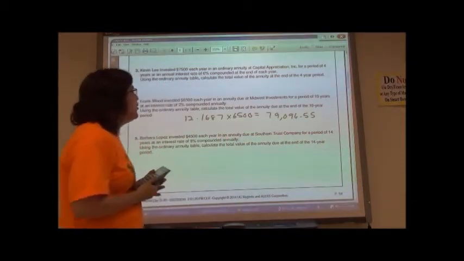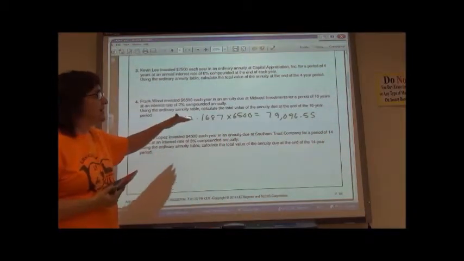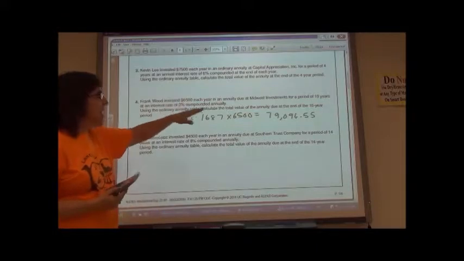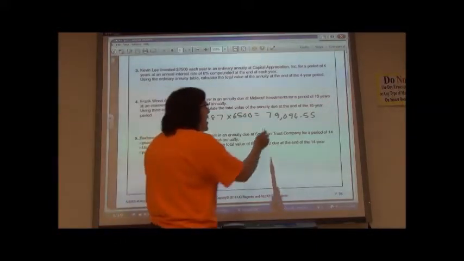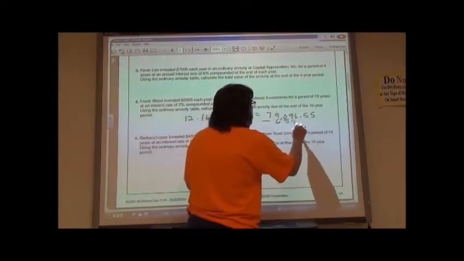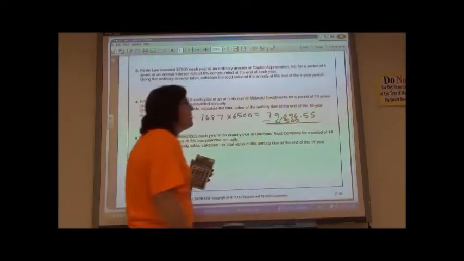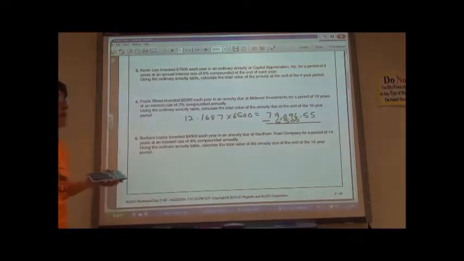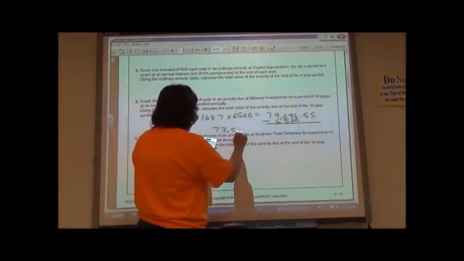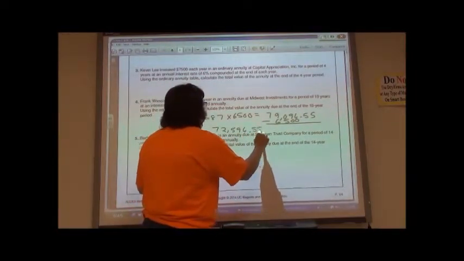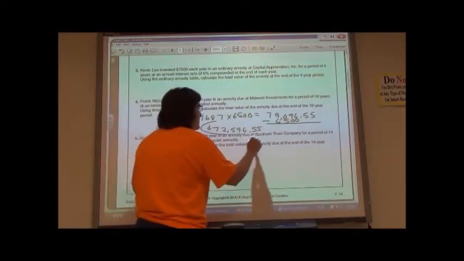But what I'm going to do, because I wanted to get just the extra interest, is after I've done that calculation, I added an extra period on, I have to subtract off one extra payment. Because I really didn't make the extra payment, I just got the extra period in interest. So if I subtract off my $6,500, then what it's going to be worth is $72,596.55.